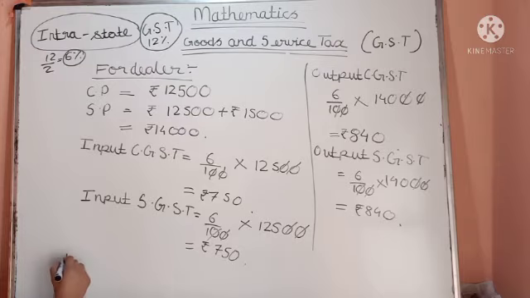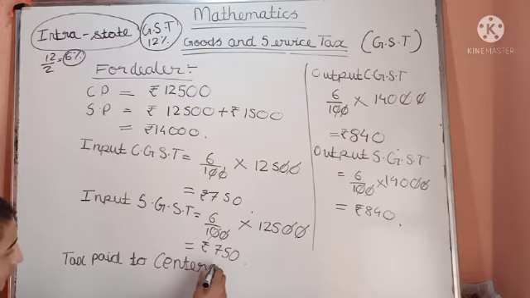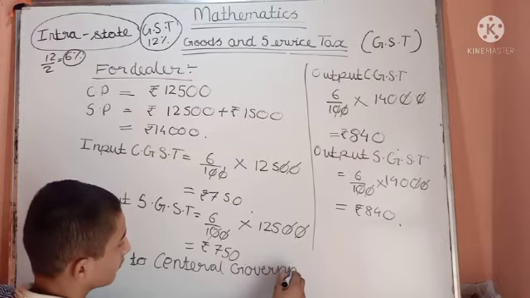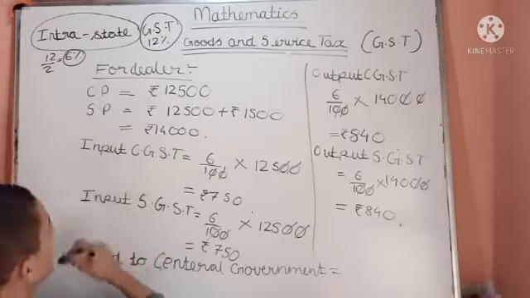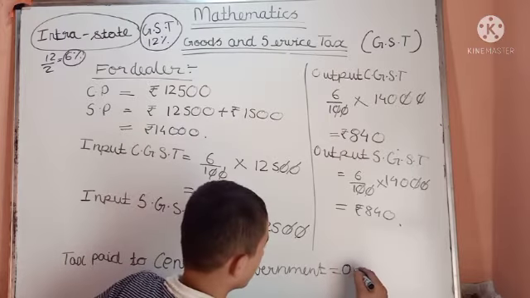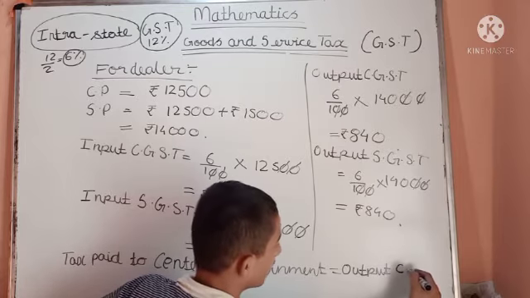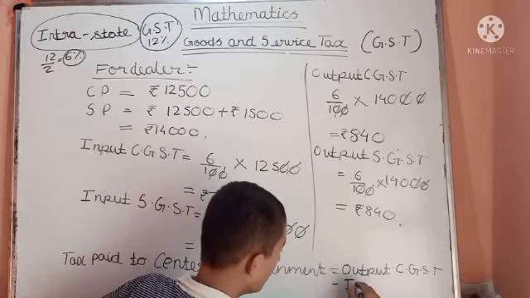The tax paid to the central government will be output CGST minus input CGST.